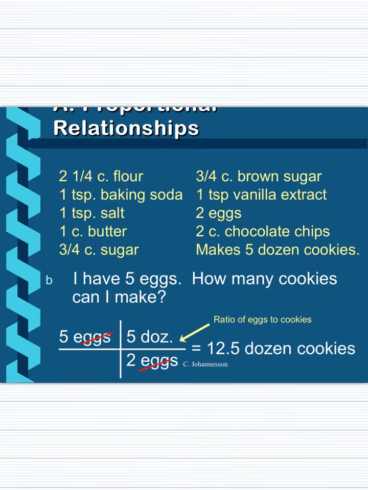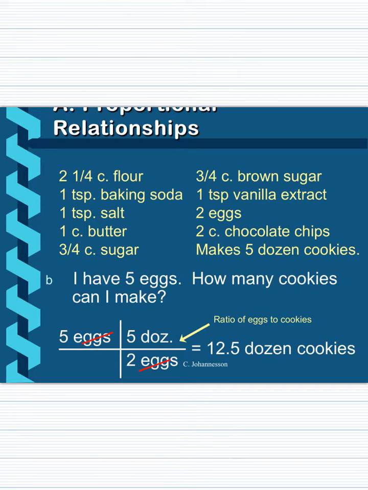And so the question it gives us is, if I have 5 eggs, how many cookies can I make? This is kind of the same scenario I just gave you, in that if I have 3 slices of bread, how many sandwiches can I make? I can only make 1.